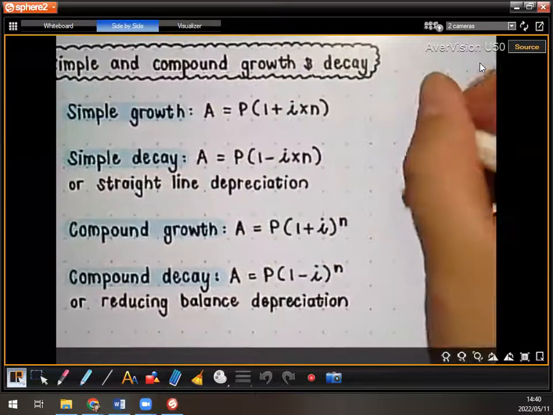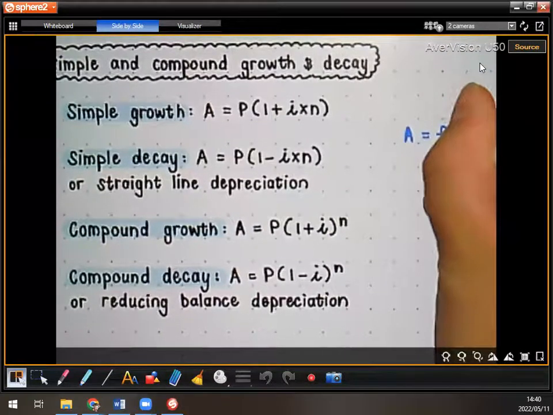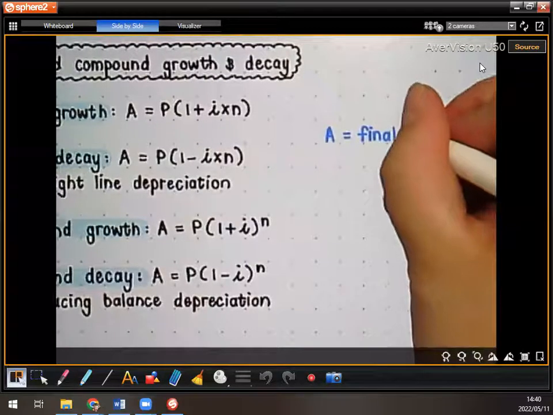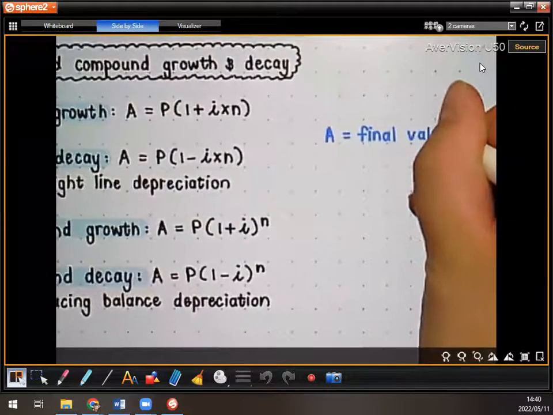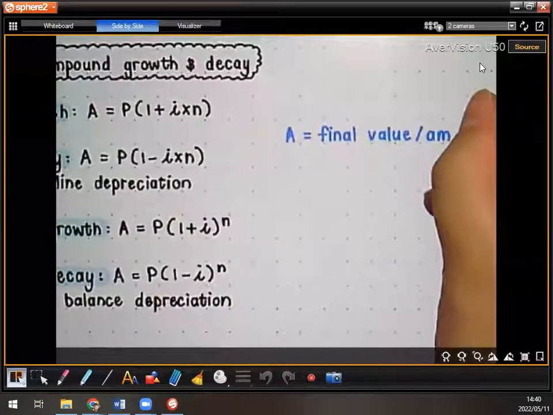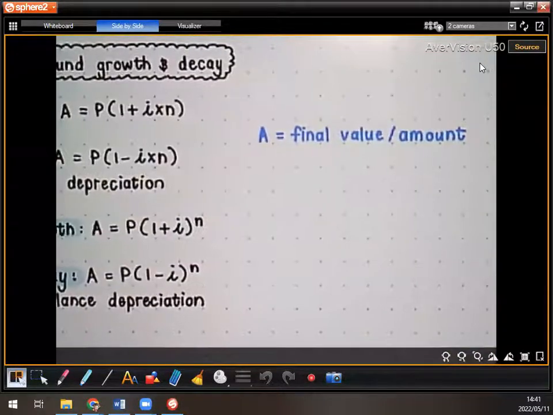So A is the final value or amount, obviously depending on the context of the question. So if they're talking about an investment, then the amount in that account after like 5 years, what is it? That will be the final amount. Okay, so the amount after time has passed.